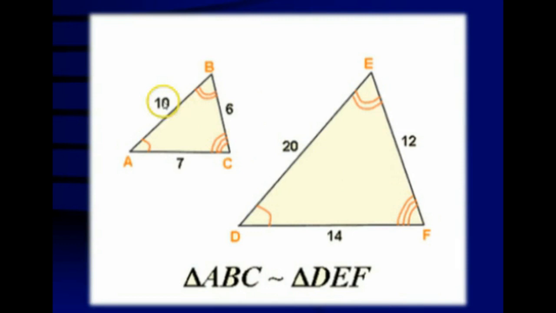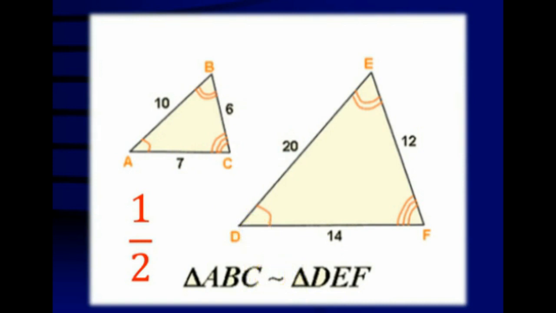If you look at the corresponding sides, the ratio of 10 to 20 is 1 to 2. The ratio of 6 to 12 is also 1 to 2. The ratio of 7 to 14 is also 1 to 2. So that's awesome. The ratios of their corresponding sides are equal, and their corresponding angles are also equal. So by definition, you betcha, these triangles are certainly similar.